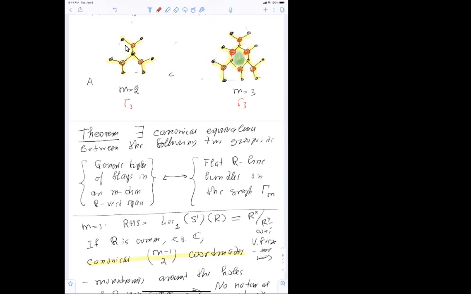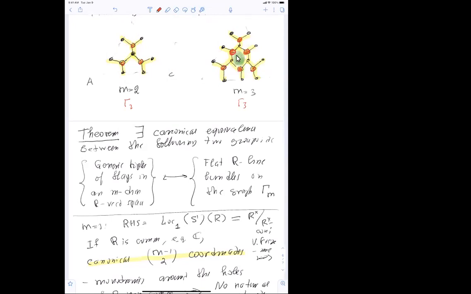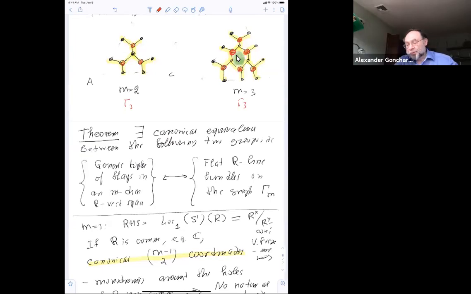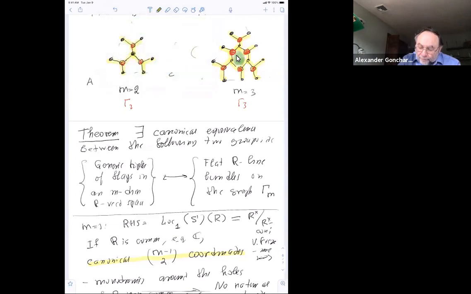Okay, so there is no face inside. The green one is not the face. Okay, I understand. Thank you. The green one, this one is the face of the graph, yes, because there is a loop here. But there's only one face of this graph. So this graph is topologically equivalent to a circle.